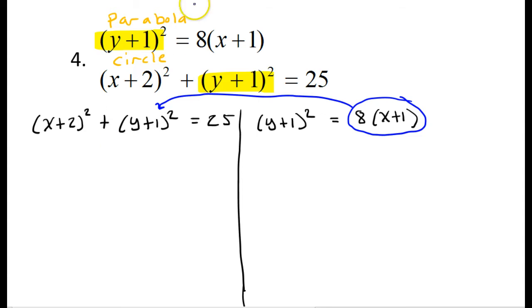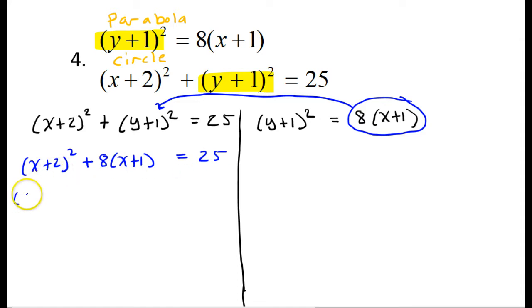So that's what I'm going to do. So that's going to give me x plus 2 squared. But now instead of y plus 1 squared, I'm going to write this. So I'm going to have plus 8 times x plus 1 equals 25.